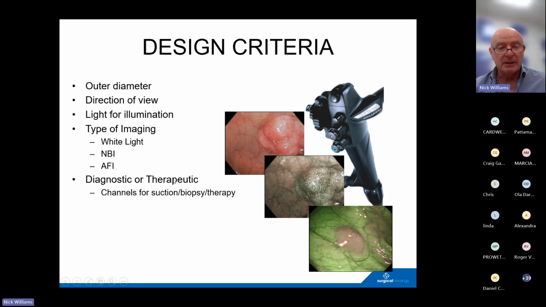But the biggest one is really, what are you going to use it for? Is it primarily going to be a diagnostic instrument, in which case you want focus on optics and a channel for biopsy, or therapeutic, in terms of you might want one channel, you may want two channels for therapy. And then obviously cleanability.